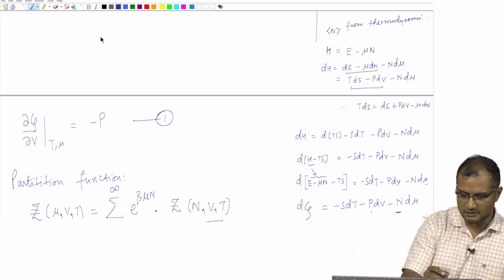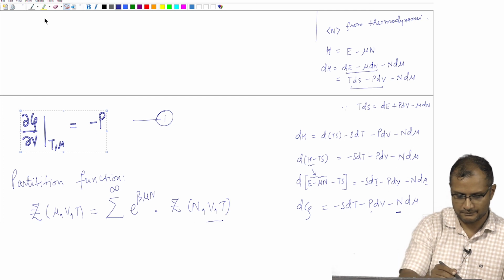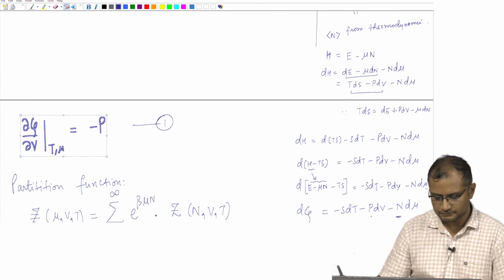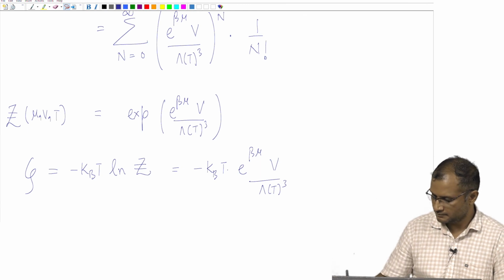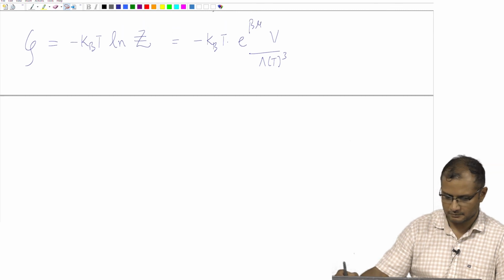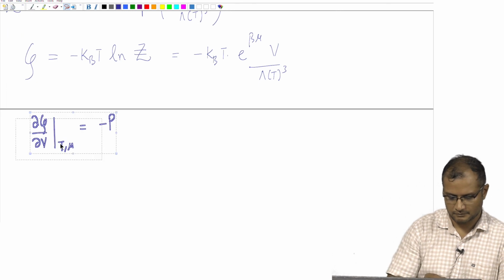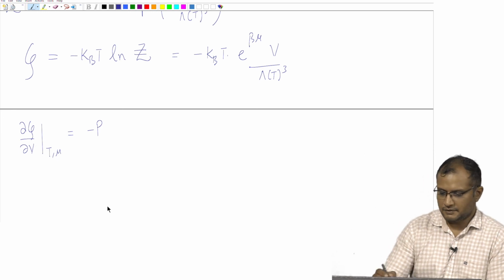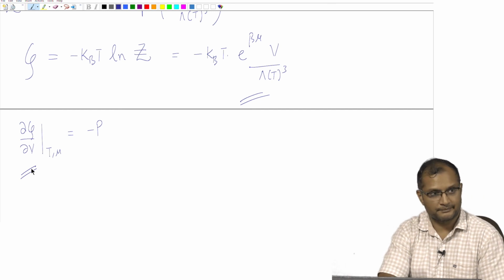Now, you simply use equation 1. So, I am just going to copy this equation here, bring it down. So, we have the grand potential in front of us whose derivative with respect to volume will give me pressure.